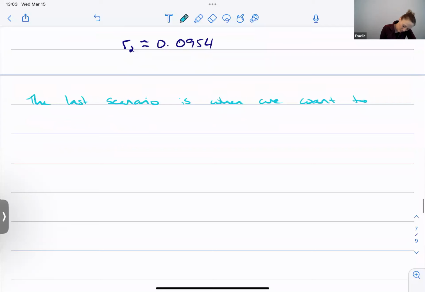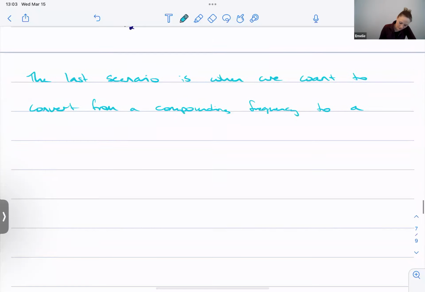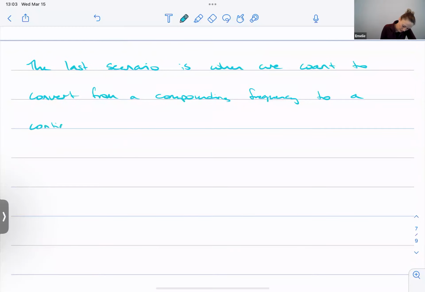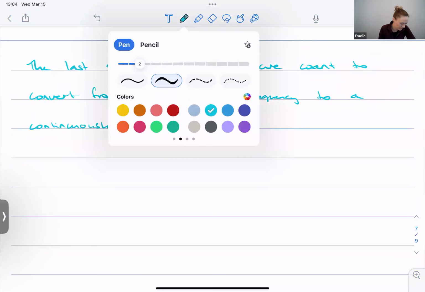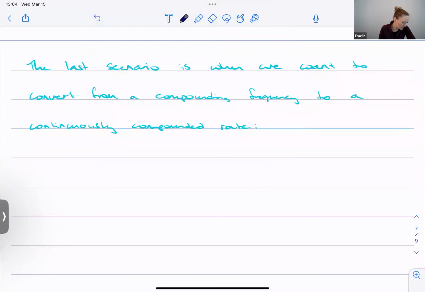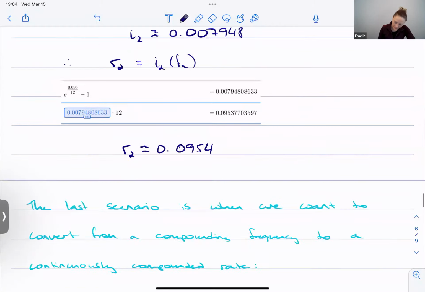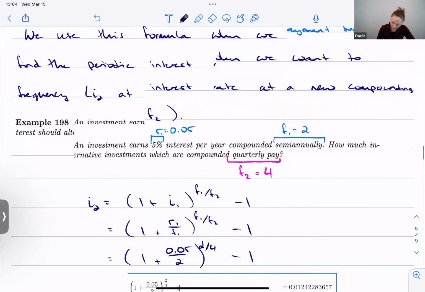When we want to convert from a compounding frequency to a continuously compounded rate, this is the last case in that formula sheet.